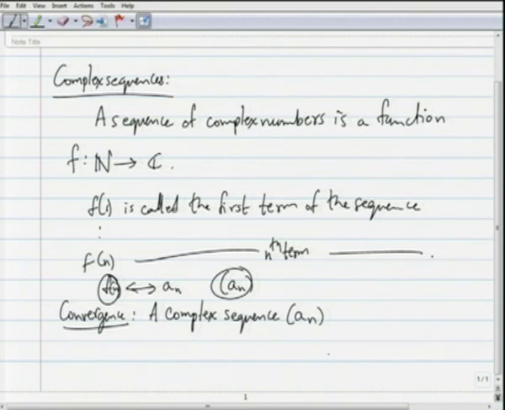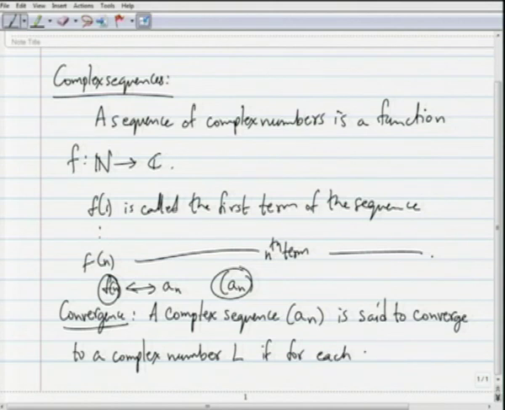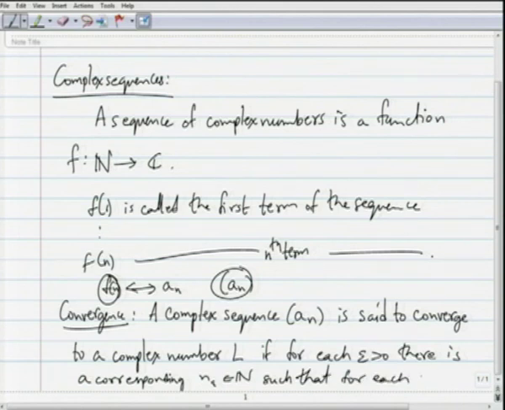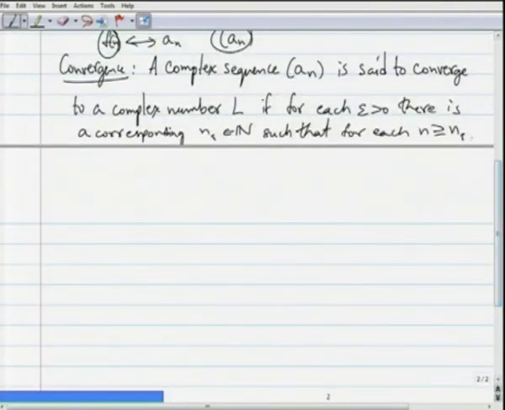Okay. So, a complex sequence a n is said to converge to a complex number L, if for each epsilon positive there is a corresponding n naught or n epsilon, let me say, in the counting numbers, such that for each n bigger than or equal to this particular n epsilon, the modulus of a n minus L is strictly less than that given epsilon.